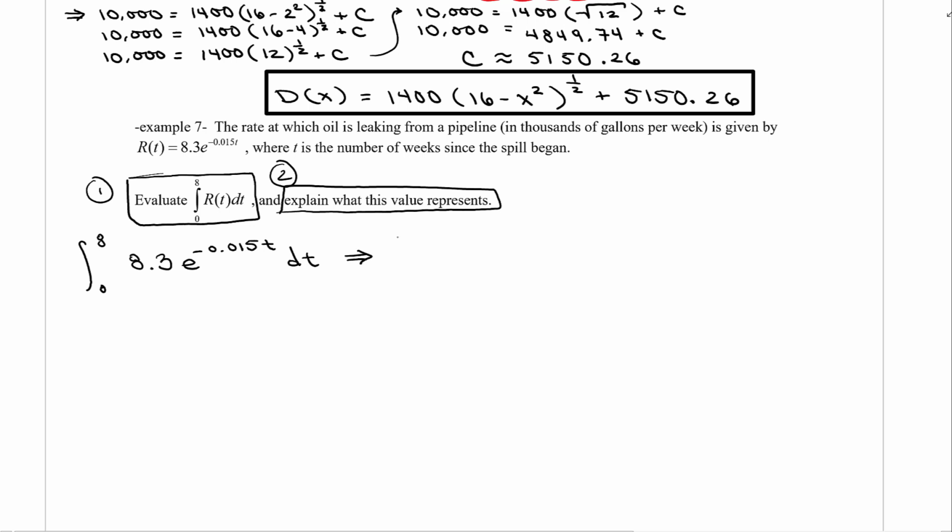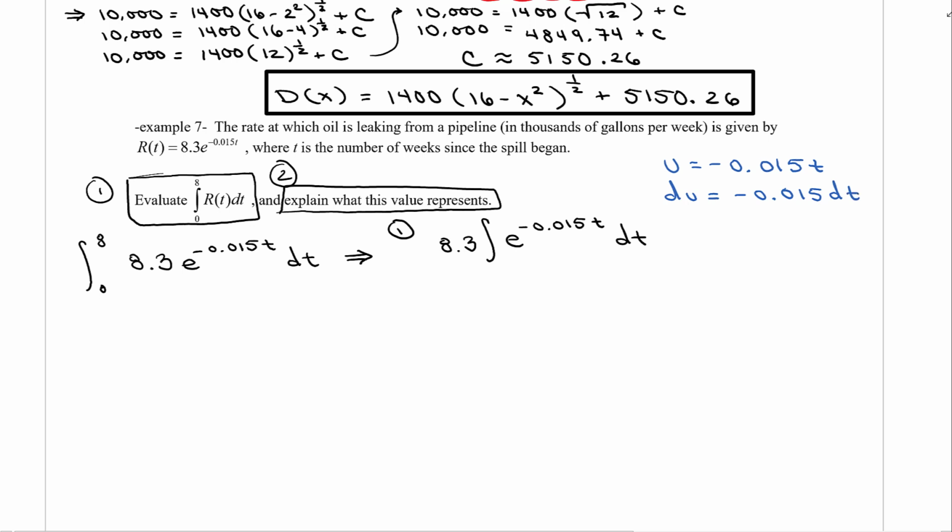I've drawn an arrow here from our integral pointing to the right, and I wrote a number 1 to represent this as part 1. So I wrote down 8.3 times the integral of e raised to the negative 0.015 t power dt. u is going to be equal to negative 0.015 t. du will be equal to negative 0.015 dt.